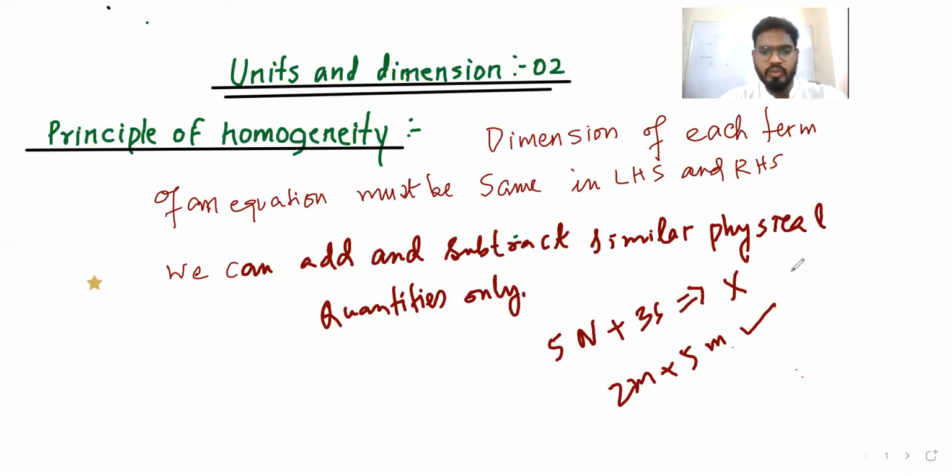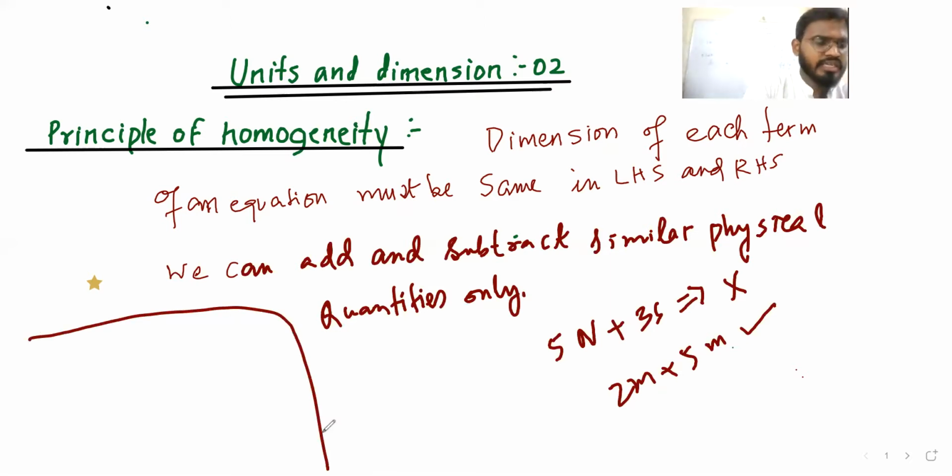Okay, let's do one numerical. Suppose one question is given: find P and Q where V is equal to P plus QT.